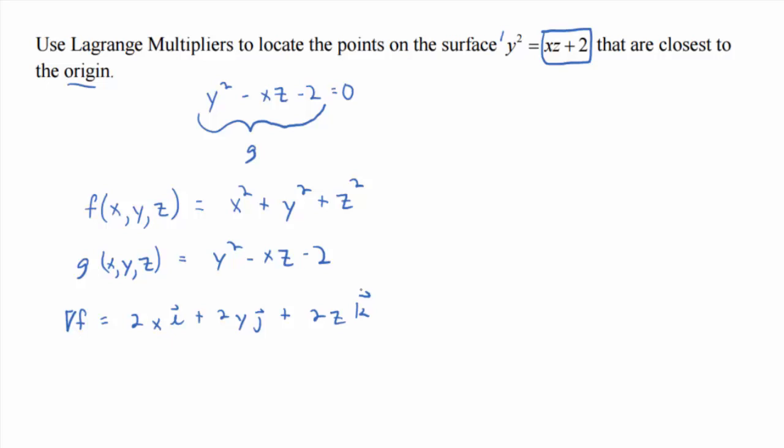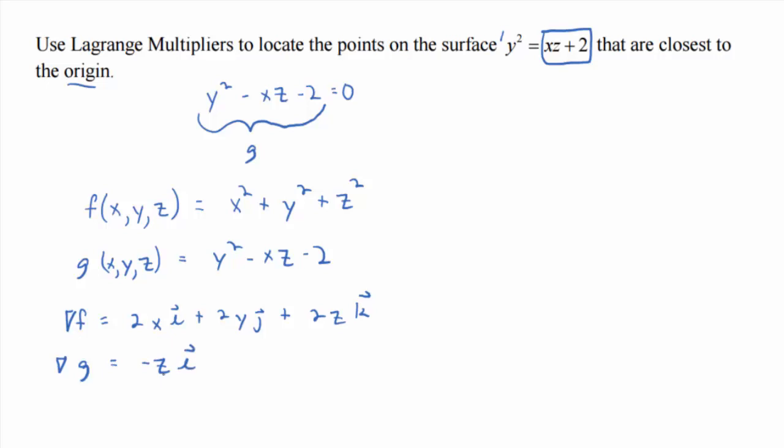And then del g, what would del g be? No product rule necessary. So we're going to take the derivative with respect to x. So we think of z as a constant. So that just means minus z would be your partial with respect to x.